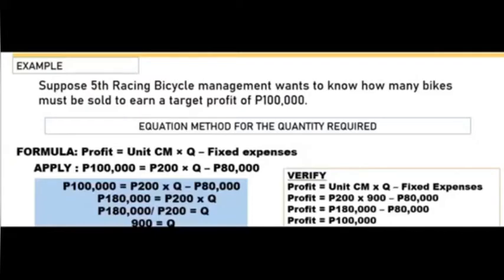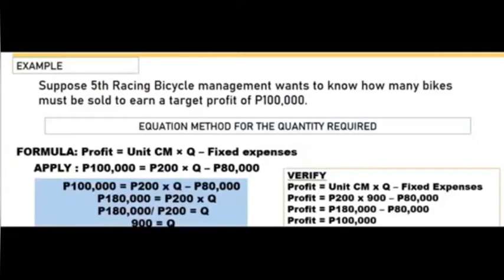For the computation, it is below in the blue. So we have here the 100,000, which is the profit, the 200 unit CM multiplied by Q, which is not given, minus 80,000 fixed expenses. We need to transfer the 80,000 to the other side to find the Q. So we need to add 80,000 to 100,000.